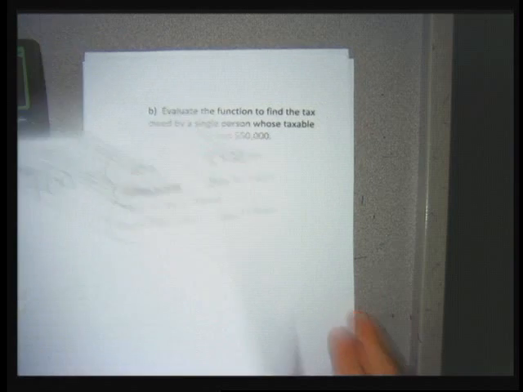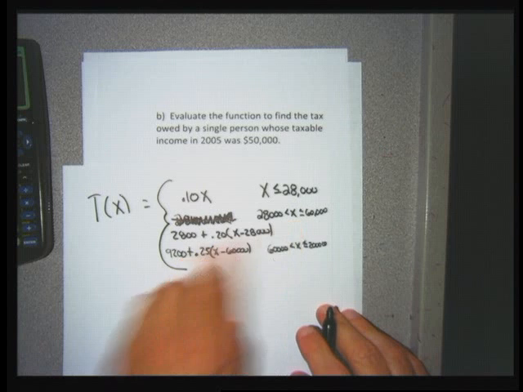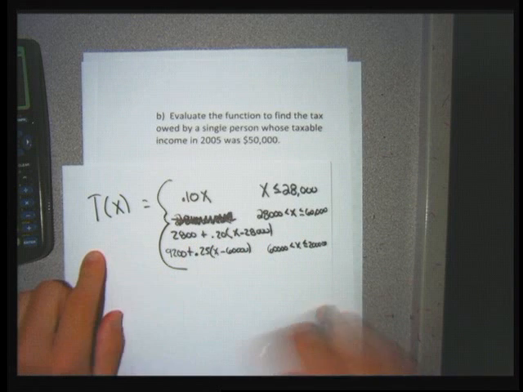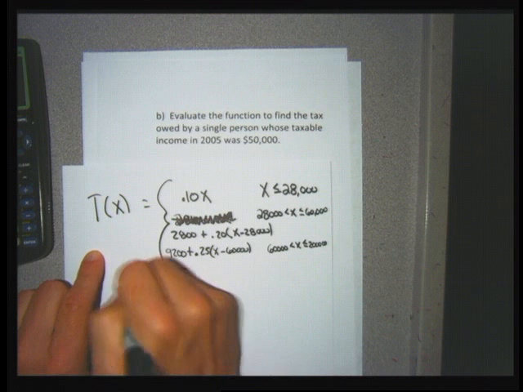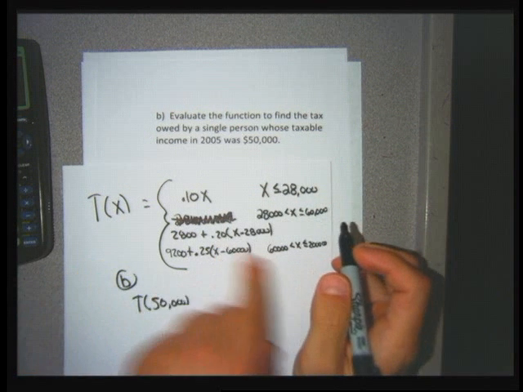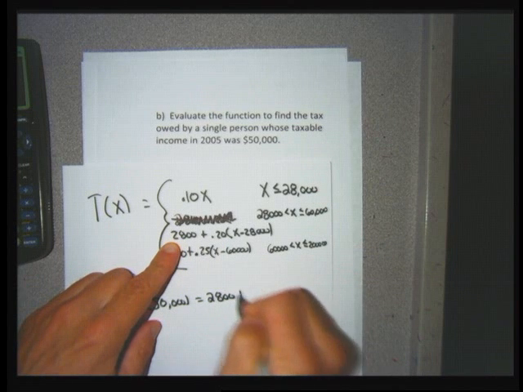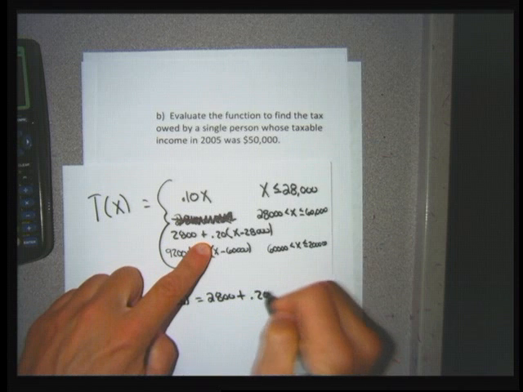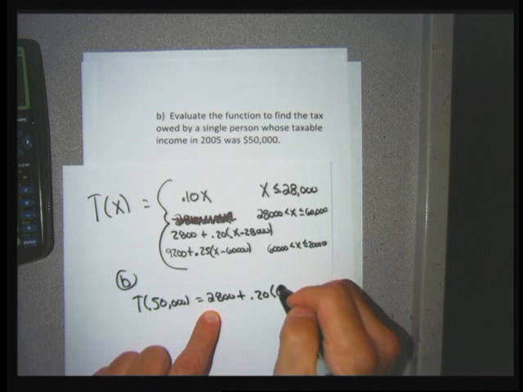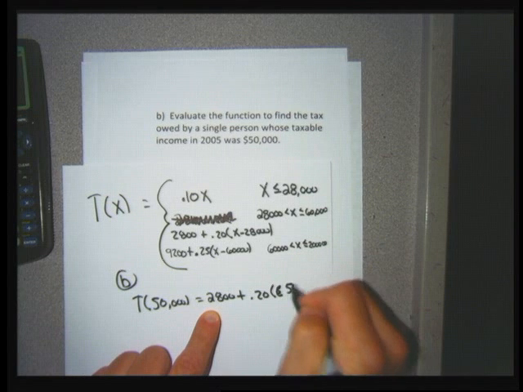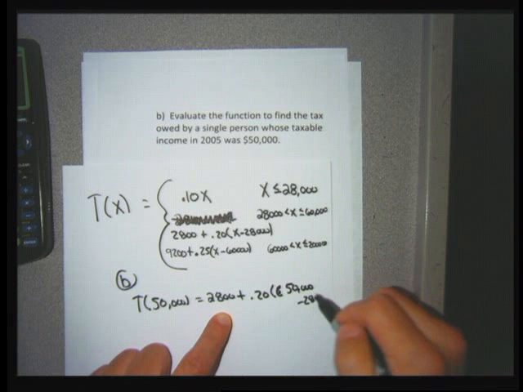Well, if somebody makes $50,000, their pay is between $28,000 and $60,000, so I need to use the middle function. I'm going to go T, this is doing part B, of 50,000 is going to equal $2,800 for the first $28,000, and then I'm paying 20% on any amount over $28,000, which is the difference between the $50,000 that they made and the $28,000 that's the beginning of this tax rate.